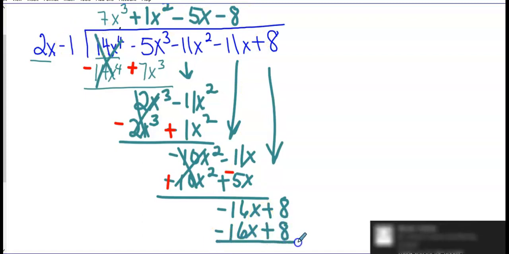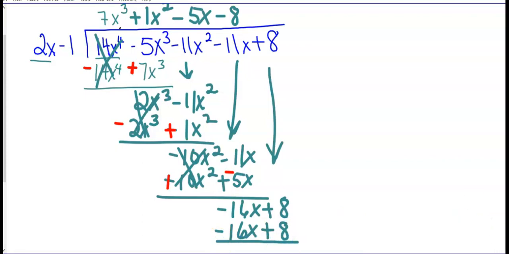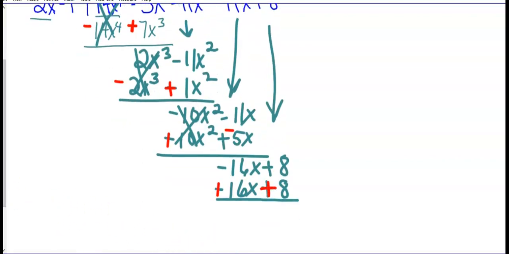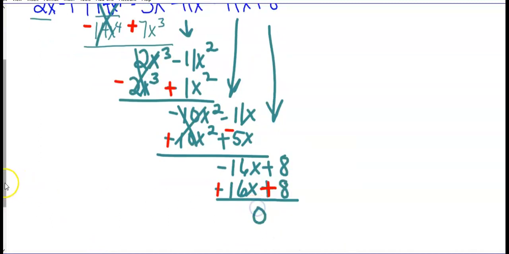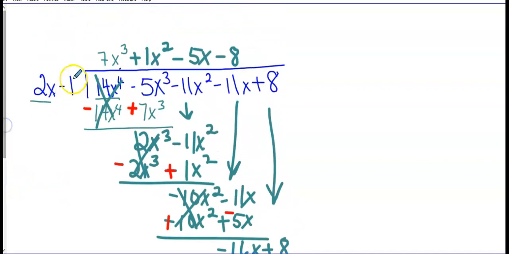But remember, we have to change these to the opposite and then combine them. And when I do that, I get 0. So guess what that means? That means I have a 0 remainder. So that means 2x minus 1 was a factor of this.